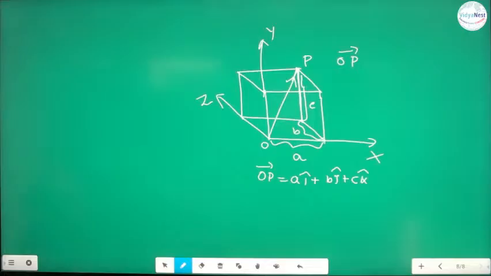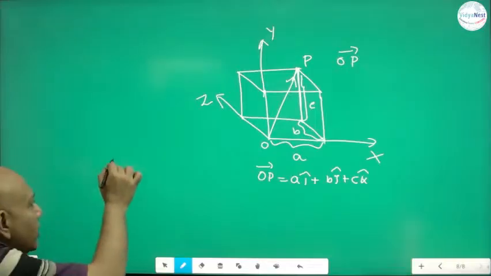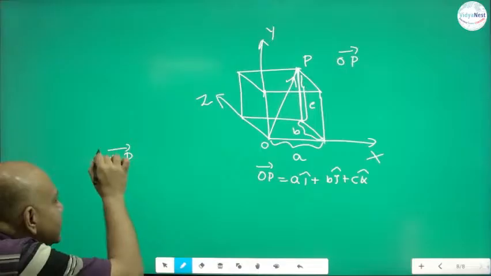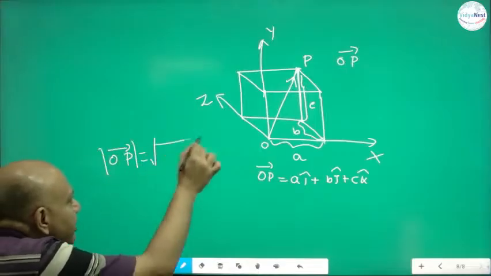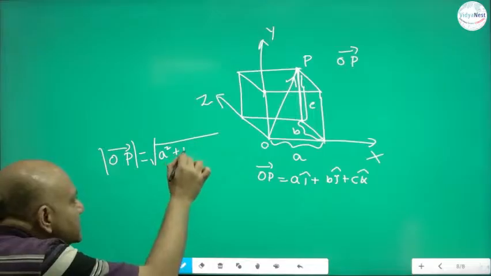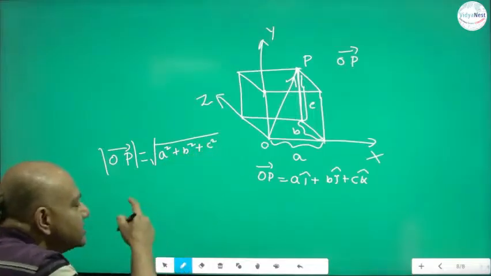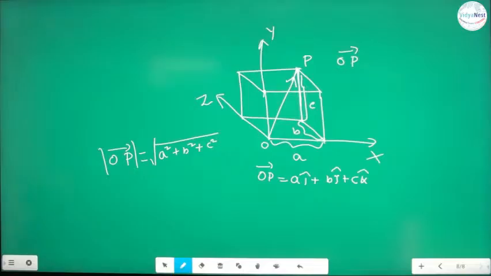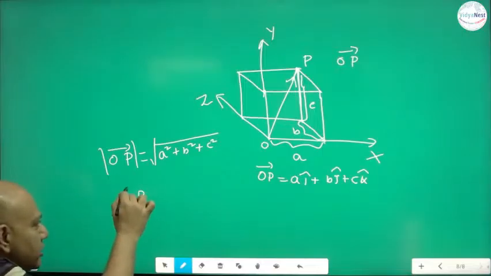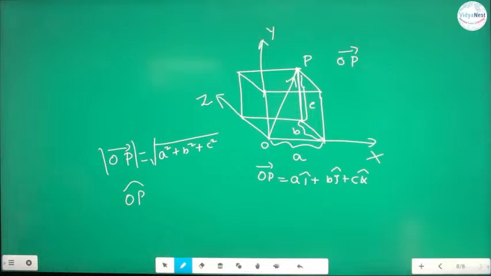Root of that is the length of the diagonal. So the magnitude of OP is root over of a square plus b square plus c square, isn't it? Now can you tell me, Saurabh, what is the OP cap? Means unit vector along OP.